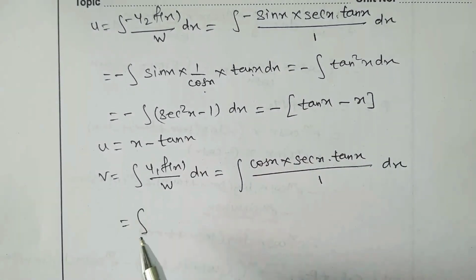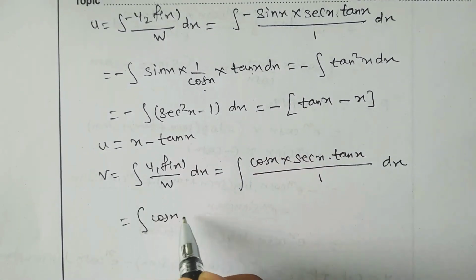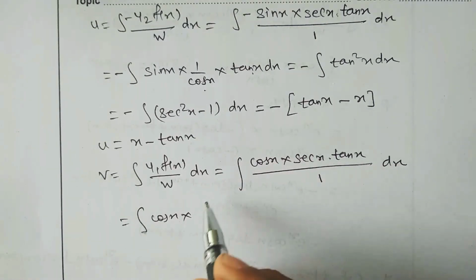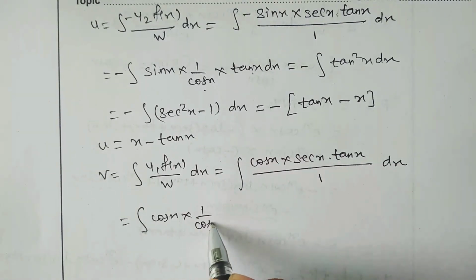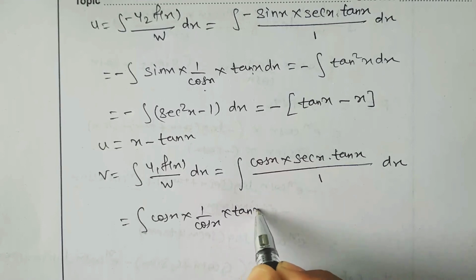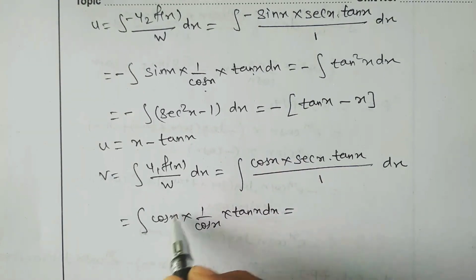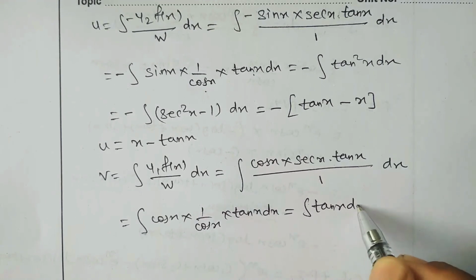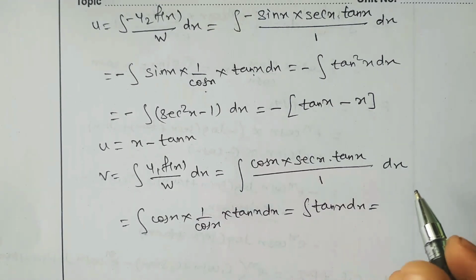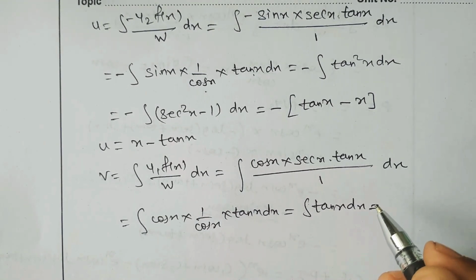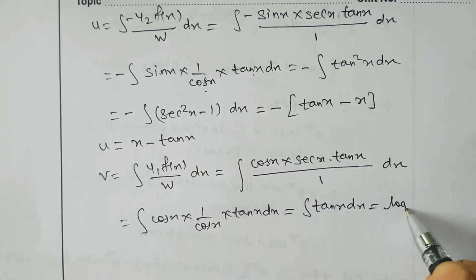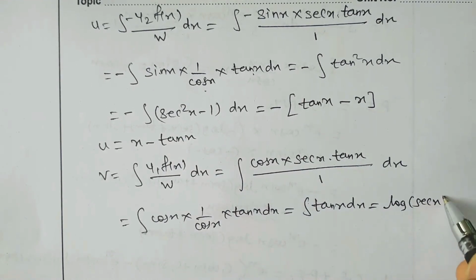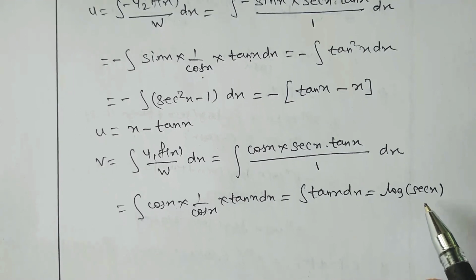This is equal to integration of cos x, sec x is 1 upon cos x, into tan x dx. This is equal to, cos x cancels, you will get integration of tan x dx, and integration of tan x is log of sec x. This is the value of v.